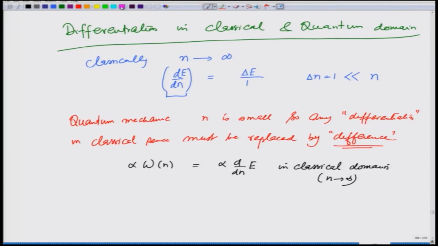In the quantum domain, α d/dn will go over to E(n+α) minus E(n), or E(n) minus E(n-α), divided by 1, because delta n is 1. This is the difference when we make a transition from classical to quantum. In quantum, it has to be differences, and α d/dn is going to be this difference, where the two quantum numbers differ by α, and we are going to make use of it. That is why I wrote it.